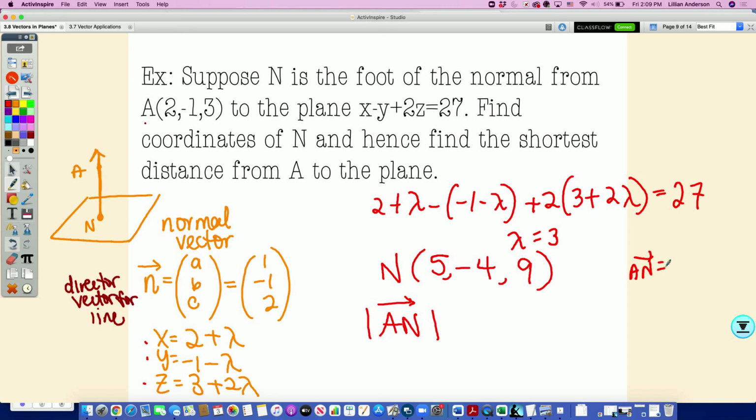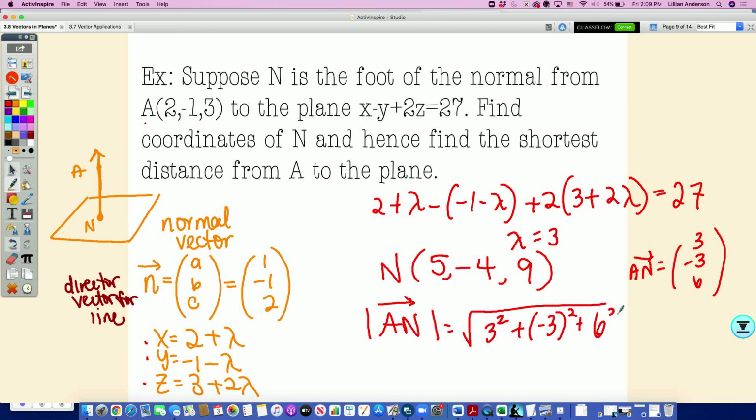So A n would be 3, -3, no, that's not right. 5 minus 2 is 3. -4 minus a -1 is a -3. 9 minus 3 is 6. Nine and 36.